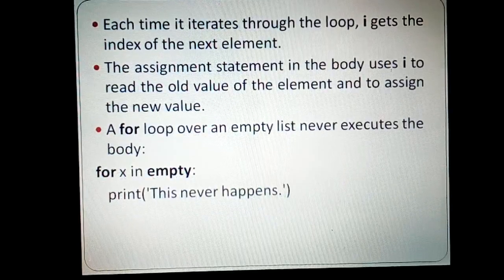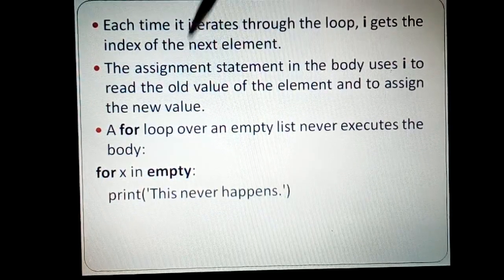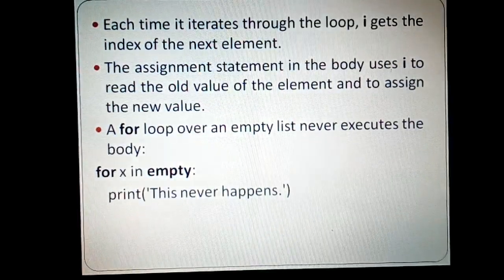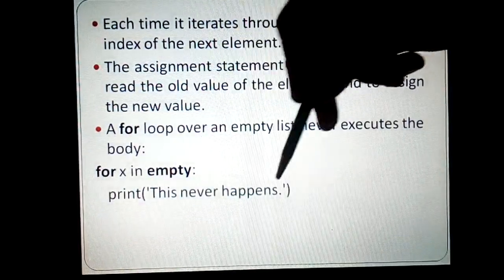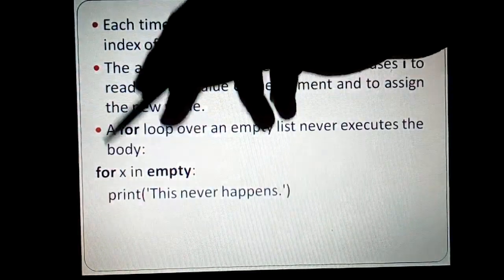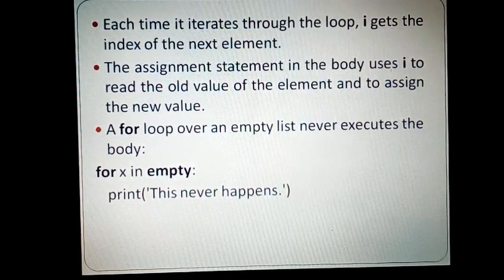Apart from that, you can have an empty list, that is for x in empty. If you have an empty list, as we had given earlier, then the loop body never runs, but this is valid, there is no error in this. So you can even make use of this mechanism.